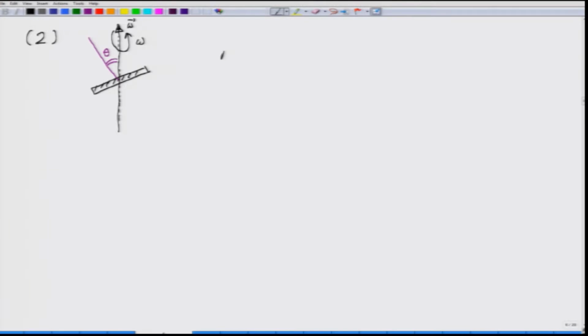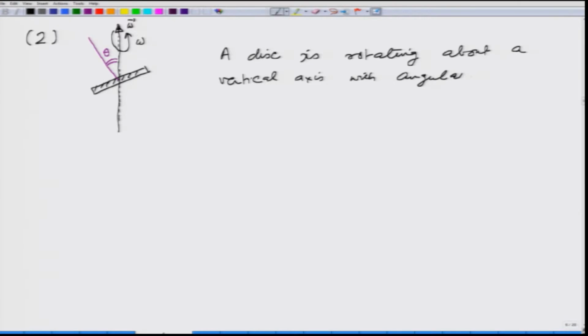So, the problem is a disc is rotating about a vertical axis with angular velocity omega.